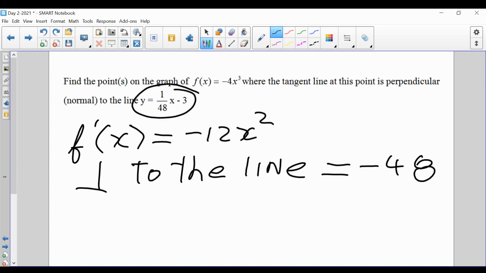The perpendicular just means normal to this line, and this line has a slope of 1 over 48. Of course, the 1 over 48 represents the slope of the line. You know, y equals mx plus b. Remember that stuff from grade 9? Okay. So what we're doing now is we're saying, why don't we take that and flip it over, and figure out what the negative of that number is.